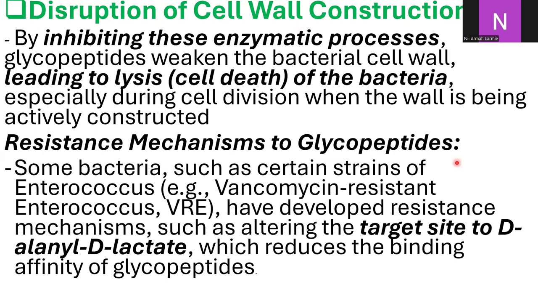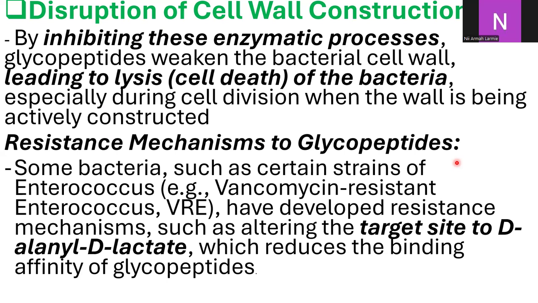So this is the first mechanism, cell wall synthesis inhibition. Note there are two classes of antibiotics that work like this. The beta-lactam antibiotics, which work through the beta-lactam ring, and the glycopeptides, which work by directly binding to the D-alanine terminus.